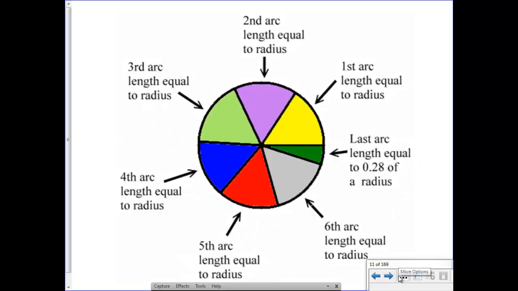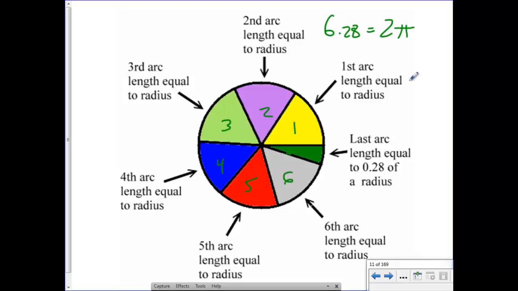Here's a good diagram to help make sense of this. If this is a perfect piece of pie in a circle, you can get 1, 2, 3, 4, 5, 6 perfect pieces of pie, and then there's just a little bit left over. 6.28 is equal to 2 pi.